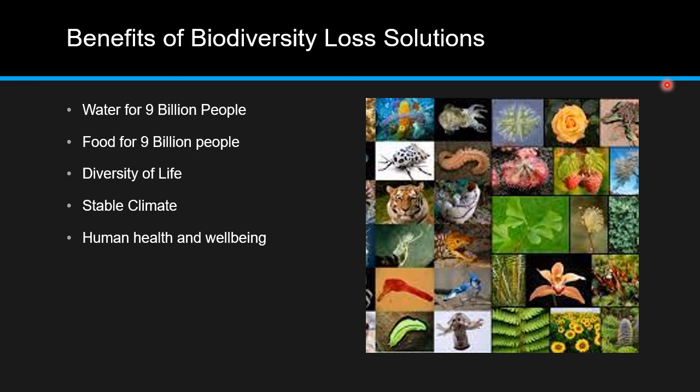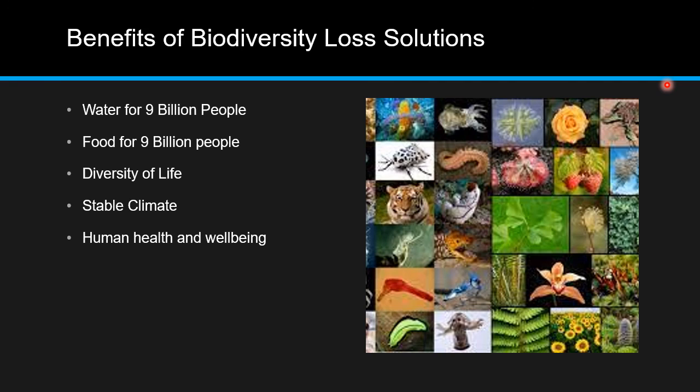So finally, what are the benefits of implementing these biodiversity loss solutions? Well, there are many benefits. These include enormous human benefits, in fact, including water for 9 billion people, food for 9 billion people, which is very important considering the number of people who do not have access to clean water and who are hungry in the world today.